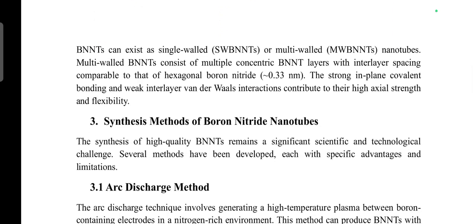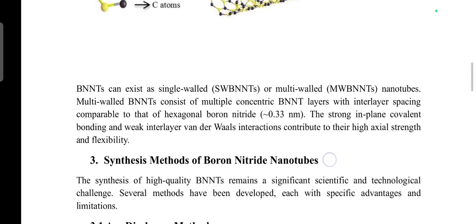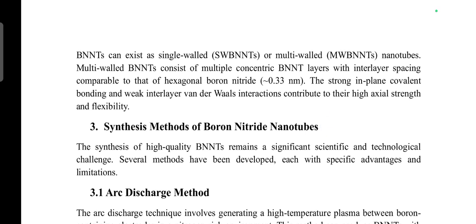Then we will discuss how boron nitride nanotubes can exist as single-walled or multi-walled nanotubes. Multi-walled boron nitride nanotubes consist of multiple concentric boron nitride layers with interlayer spacing comparable to that of hexagonal boron nitride, approximately 0.33 nanometer. The strong in-plane covalent bonding and weak interlayer van der Waals interactions contribute to their high axial strength and flexibility.